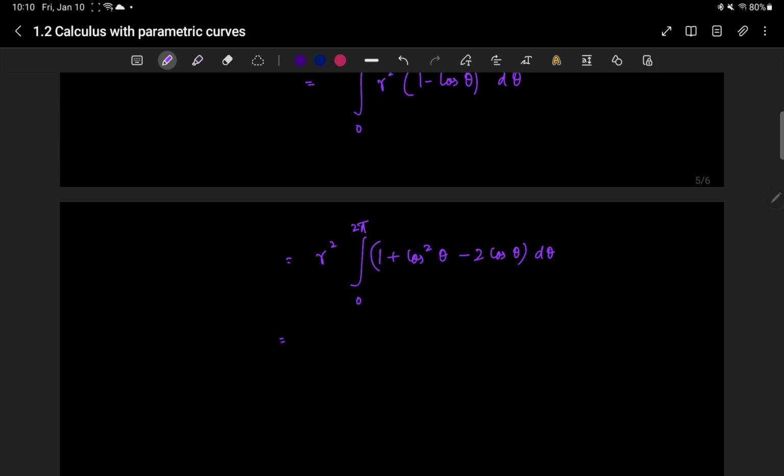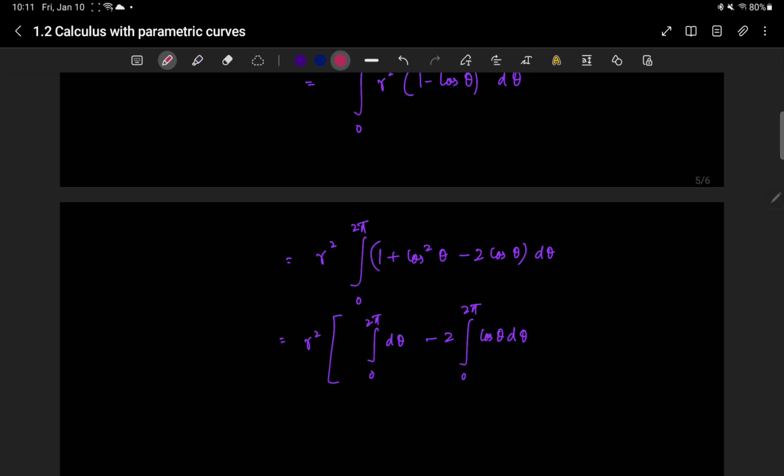And each of these has its own way of working out, right? So you have the integral from 0 to 2 pi of d theta, that's simple. Then you have the integral of negative 2 cosine theta from 0 to 2 pi. That's also straightforward because the antiderivative of cosine theta is sine theta.